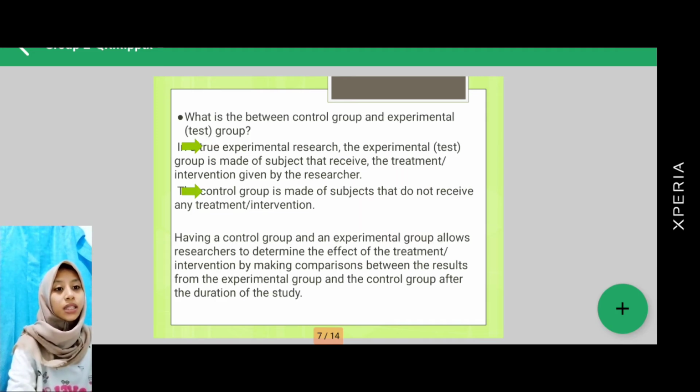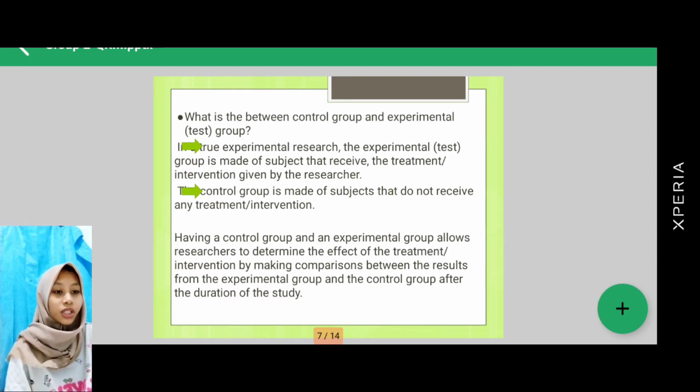Question: what is the difference between the control group and the experimental test group? The answer is, in a true experimental research, the experimental or test group is made of subjects that receive the treatment or intervention given by the researcher.